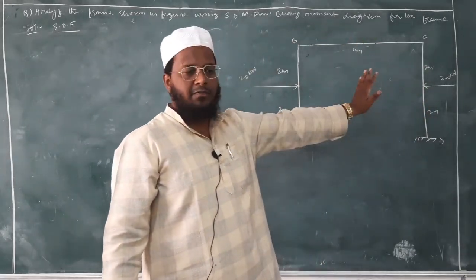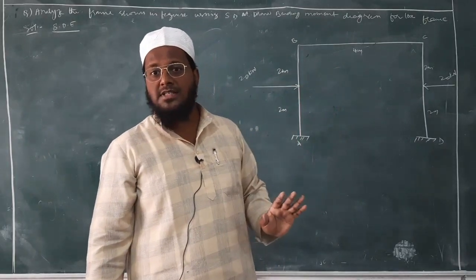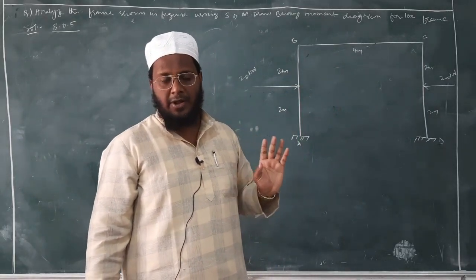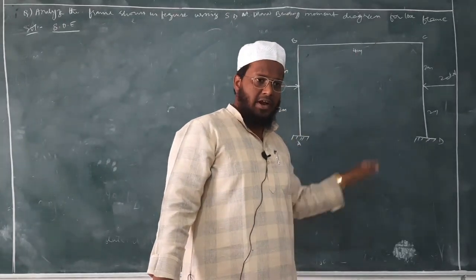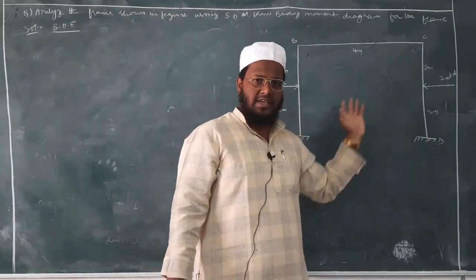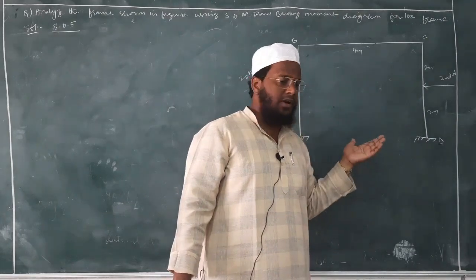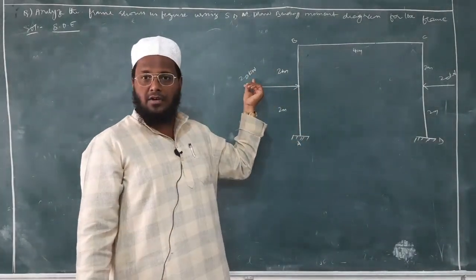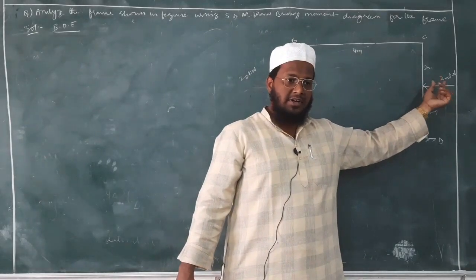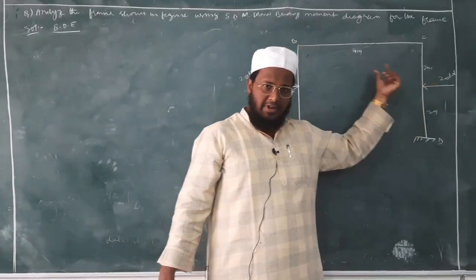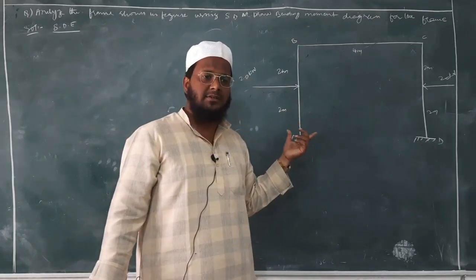So that frame is said to be a symmetric frame. If all the forces on the left and right are equal, it is symmetric. Suppose for example we have here 30 kilonewton, here 20 kilonewton, then that frame is unsymmetrical. But here, the entire frame is symmetrical.